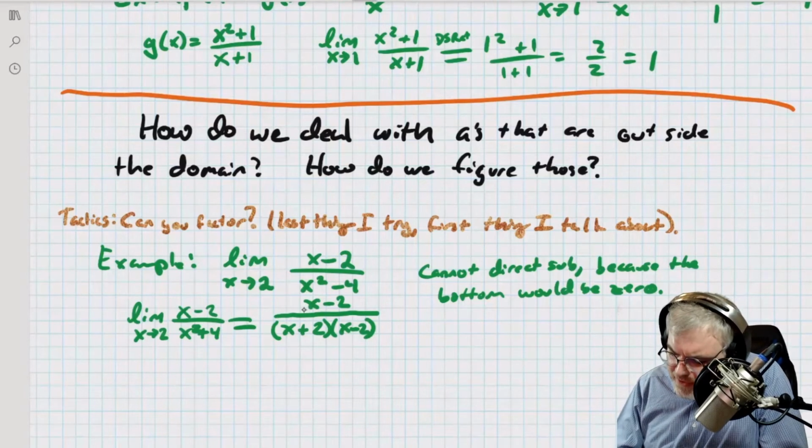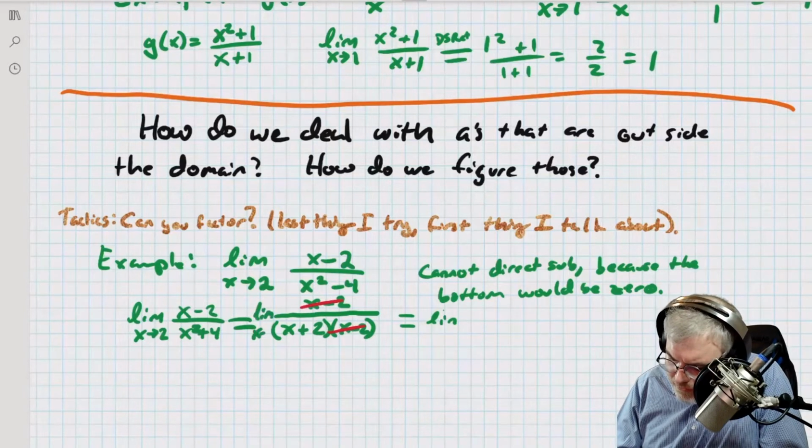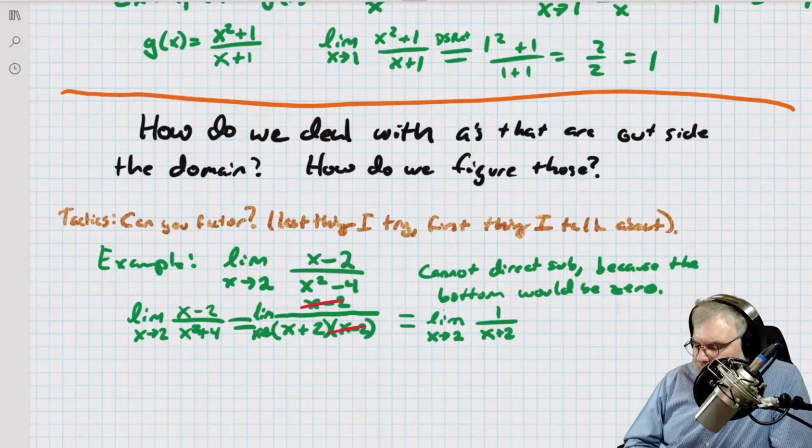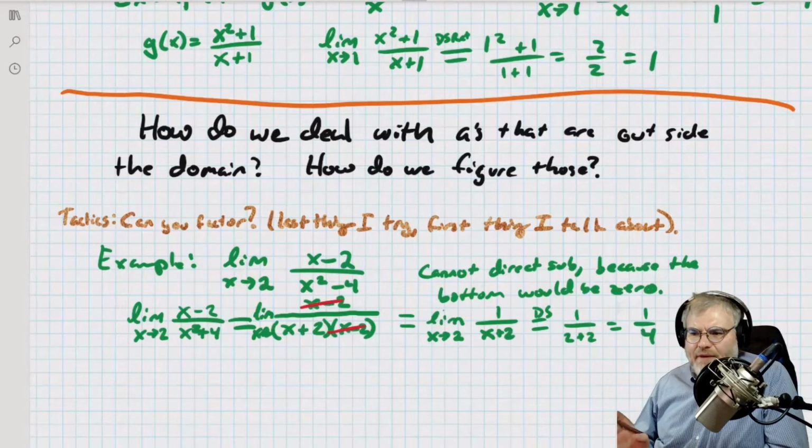I cancel the two things on top and bottom. And I wind up with the limit. Oops, there should be a limit sign here. Laura needs to take 2 points off my quiz right there. I forgot my limit. Limit x goes to 2 of 1 over x plus 2. It's very important that you carry through those limits. And then I can direct sub, and I wind up with 1 over 2 plus 2, which equals 1/4. How do we feel about that, 1 to 5?